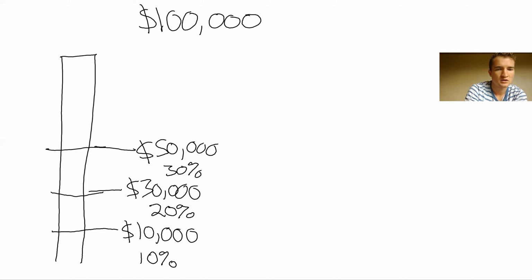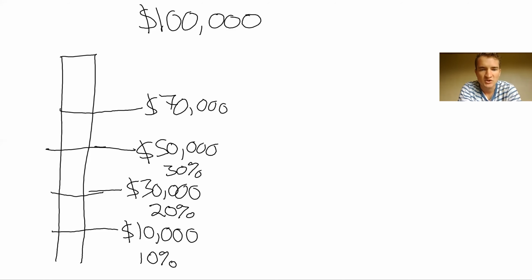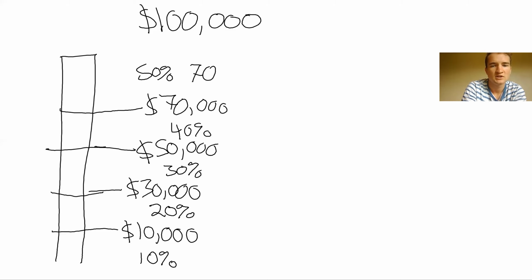Then up to 70, so it's $70,000. Anything between 50 and 70, I have to pay 40%. And then we're just going to do a 50% for 70,000 plus.